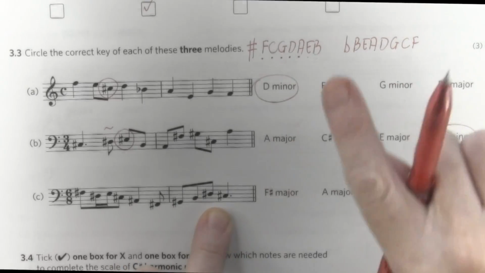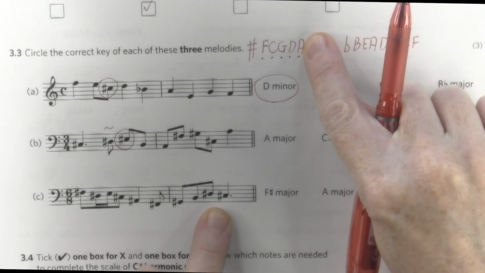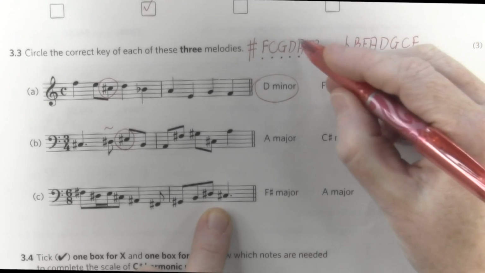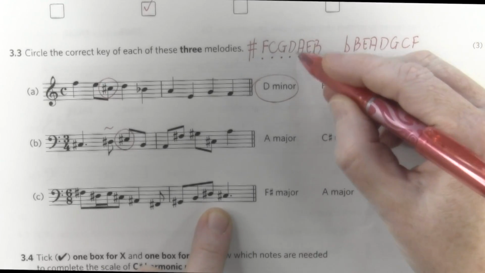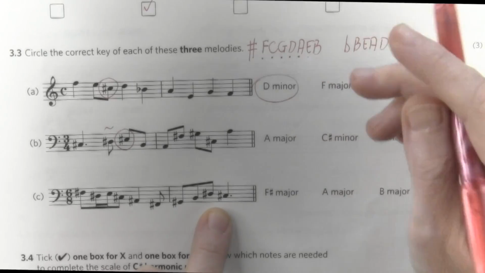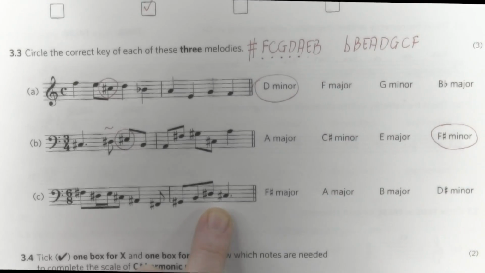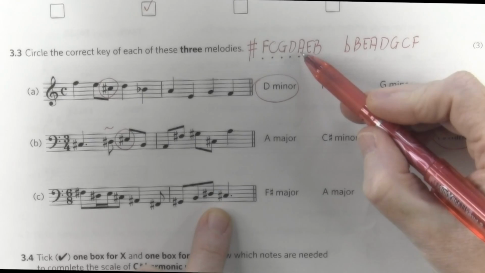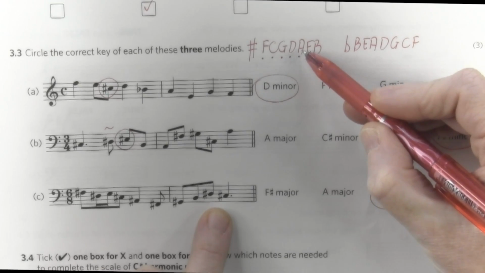Okay, we have no gaps here, so this is the key signature. What do we do? From the last sharp, La, A, we go 1 semitone above and we find the major key, B major. Where is it? Here. So La sharp is the final sharp in the key signature.